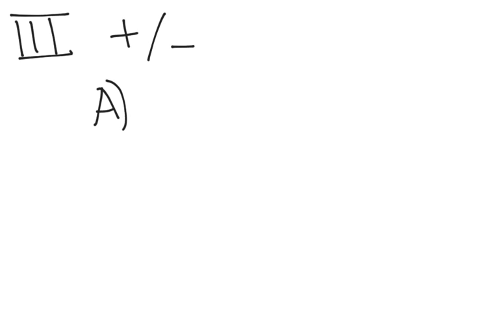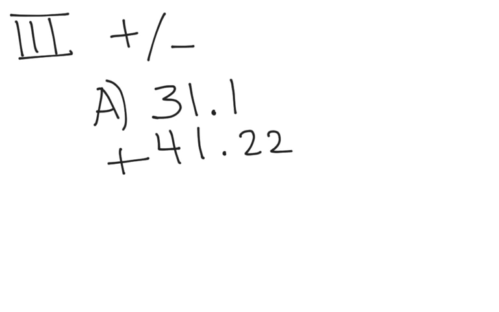Now, what if you are adding or subtracting numbers? The rule for adding or subtracting is that the answer should be rounded to the same place as the number in the calculation that is the least precise. For example, say we're adding 31.1 to 41.22.